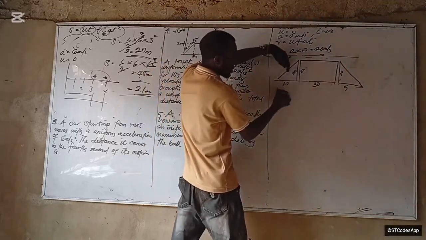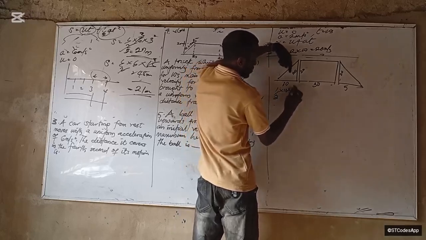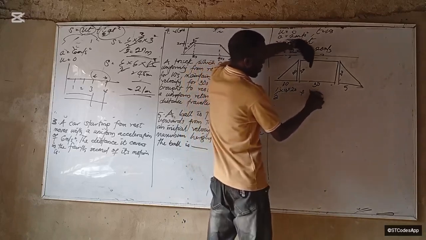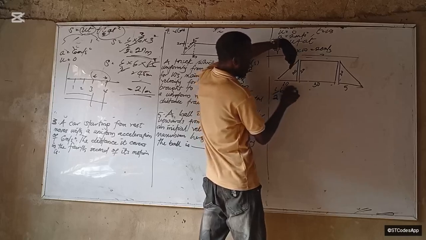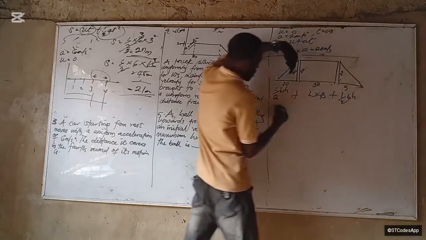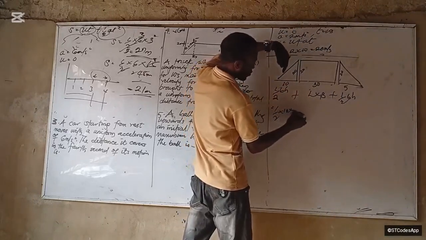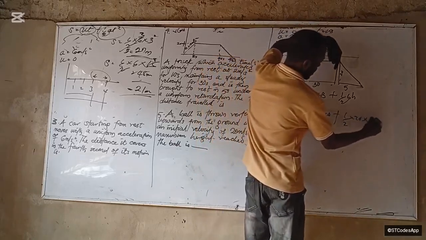So area of this one, what? Half base times height: half times 10 times 20, plus length times breadth, plus half base times height. So this becomes 1 over 2 times 10 times 20, plus 30 times 20, plus 1 over 2 times 20 times 5.